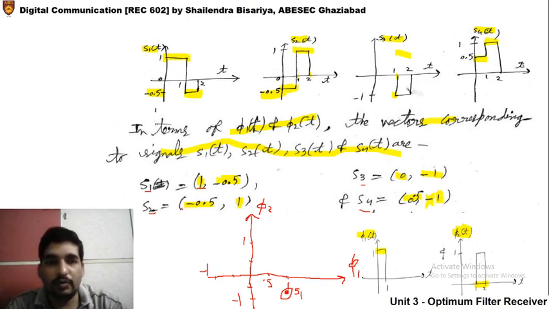Similarly for S2, it is minus 0.5 for phi 1 and 1 for phi 2, so this is the point where S2 will lie. Similarly, you can draw S3 and S4. S3 is 0, minus 1, so it will be this point. In a similar manner, you can draw S4. I think this is sufficient for this lecture. Thank you.